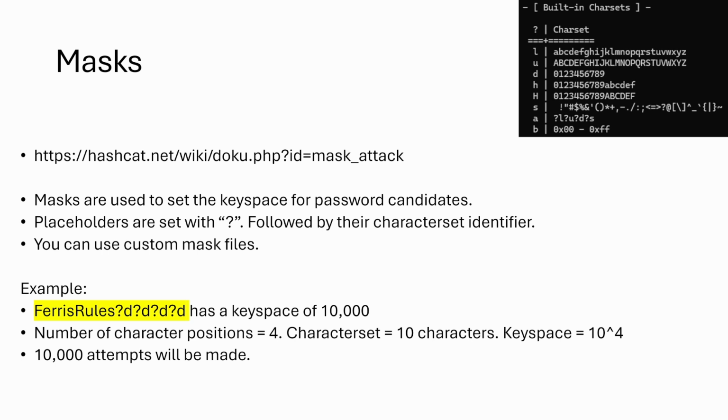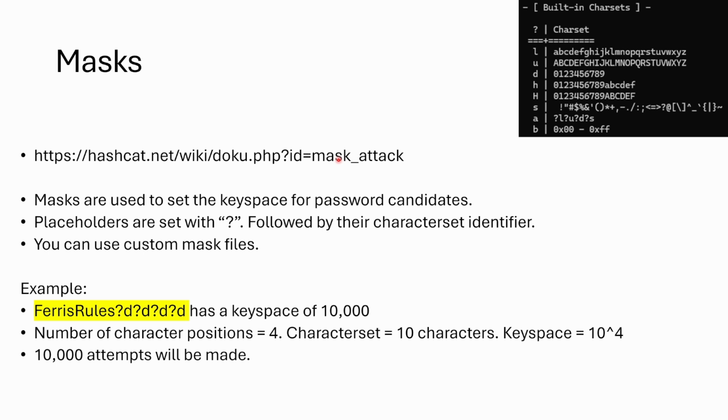So let's talk about masks a little more in depth. We touched on them in the last slide. If you want to learn a lot more, go to this link or search Hashcat mask attacks. Learn all about them. But masks are used to set your key space for password candidates, either expanding it or shortening it if you're removing possibilities.